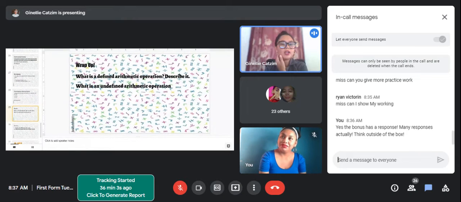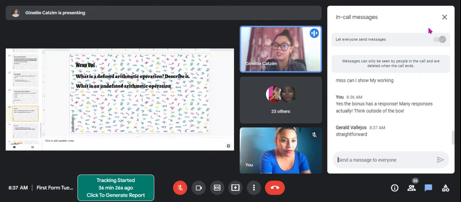What is a defined arithmetic operation? You can either type it in the chat box or unmute yourself and say it aloud, right? If no one wants to share, that means that no one remembers the definition.